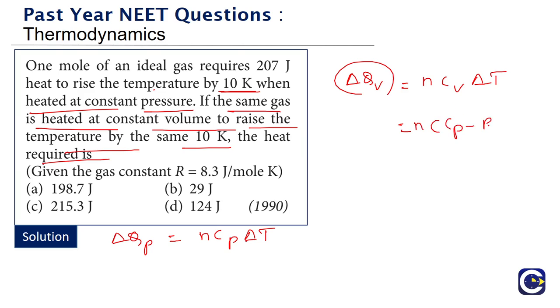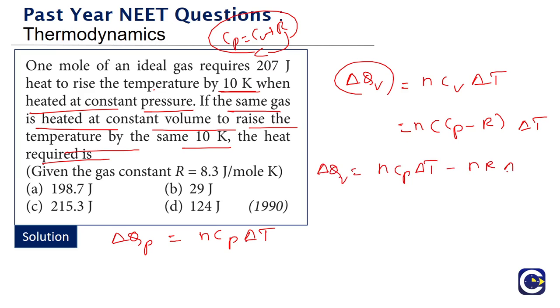We can write Cp minus R, because Cp is equal to Cv plus R, right? Means Cv is what? Cp minus R into delta T. So delta Q at constant volume is equal to what? nCp delta T minus nR delta T. nCp delta T is that heat which is taken at the constant pressure, right? That is given as what? 207 joules.